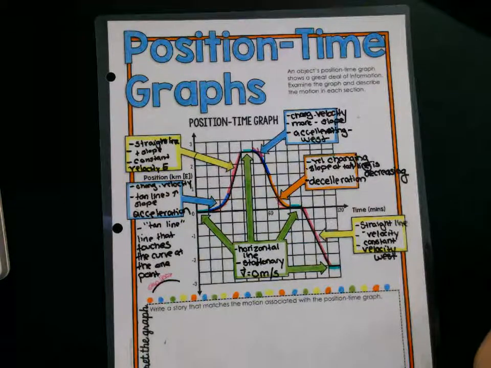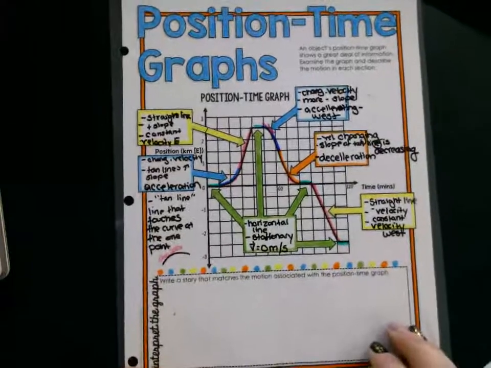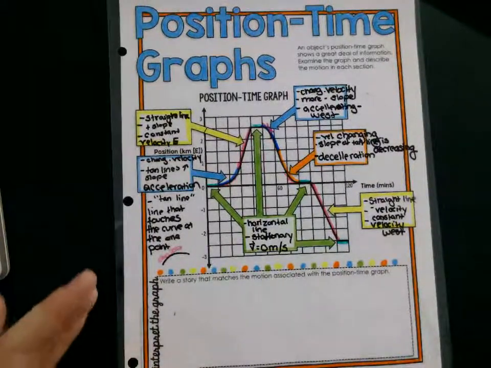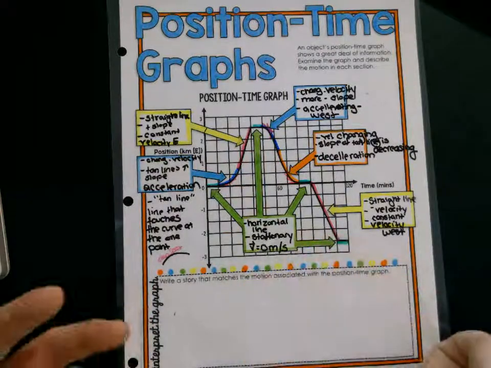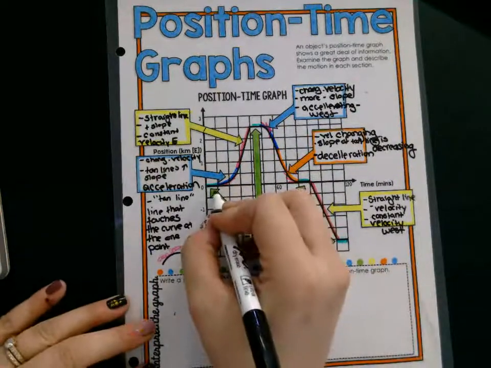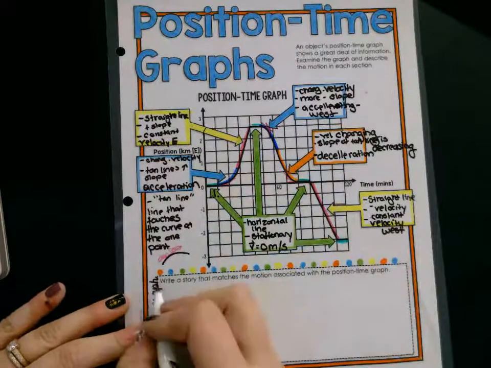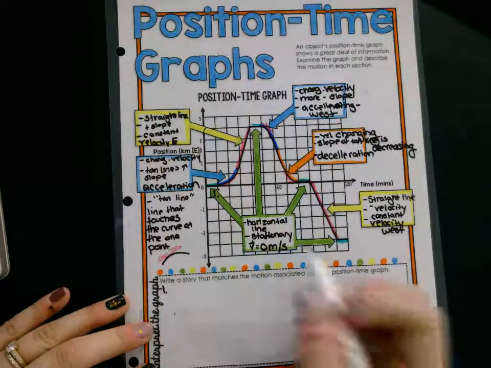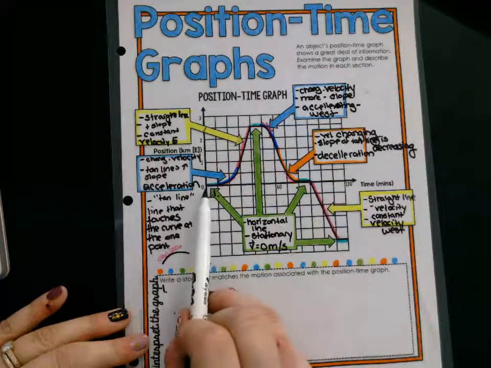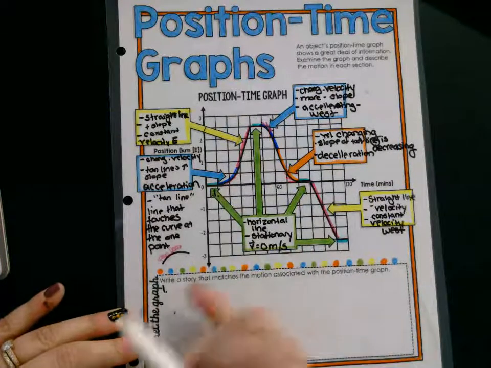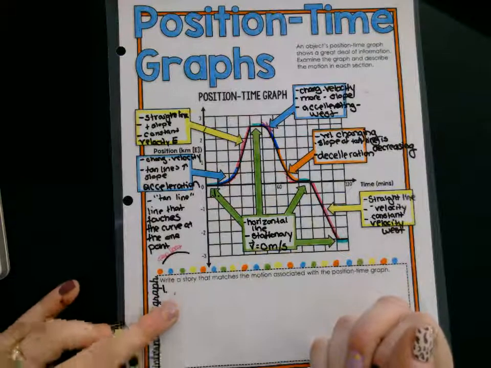So we need to prepare a story about this. It can be whatever kind of story you want. So I'm going to say we need to figure out where we're starting. So 1 is at the very beginning of the graph. So 1, I'm stationary. How long am I stationary for? 0, 10. So I'm stationary for 10 minutes.